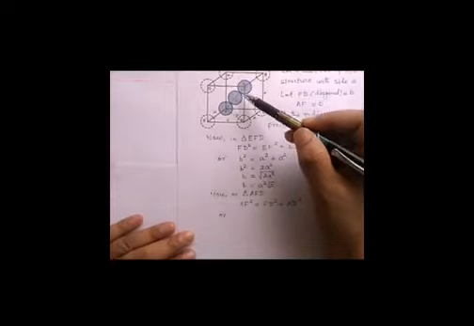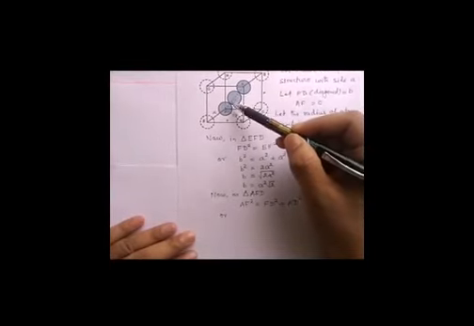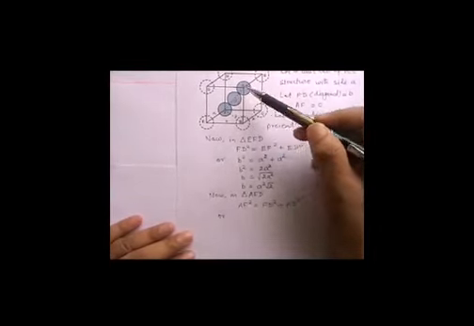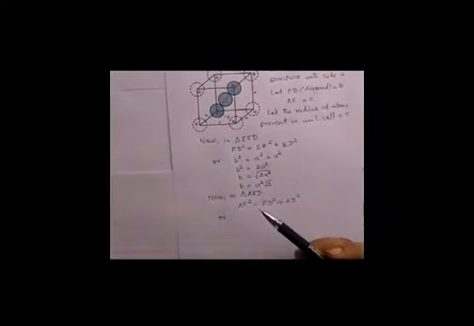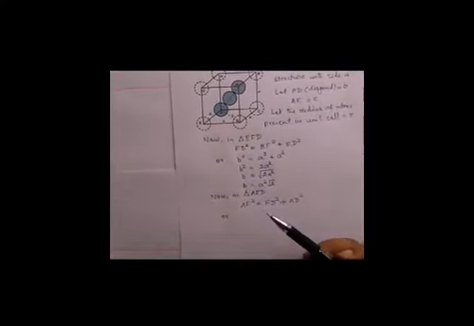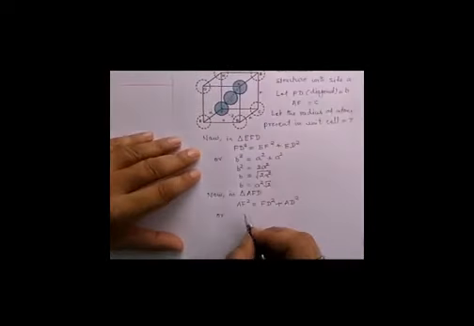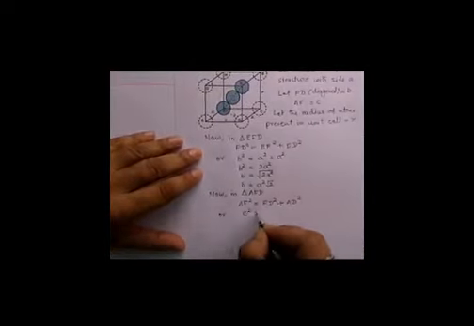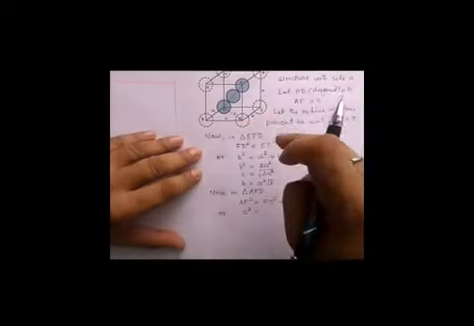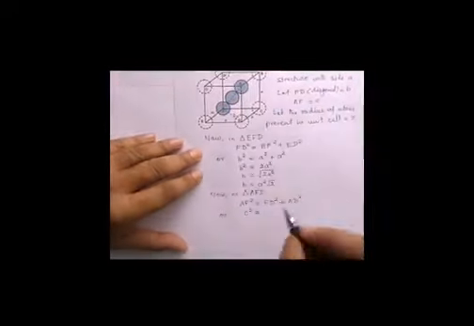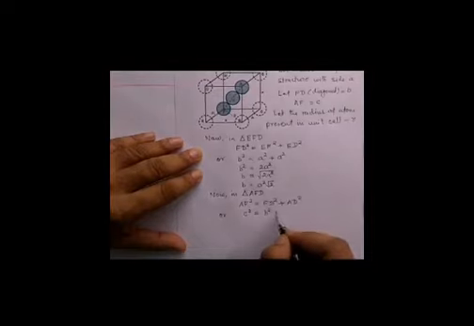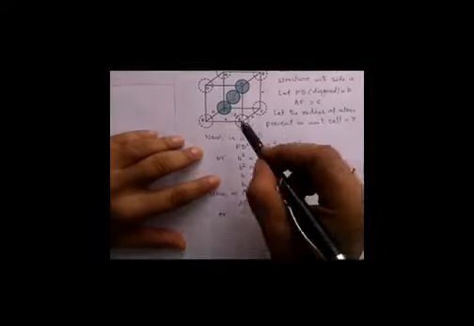Now we can write AF, which is equal to R plus R plus R plus R. How much? 4R. But now we are taking C, so we will write C square is equal to FD square plus AD square.